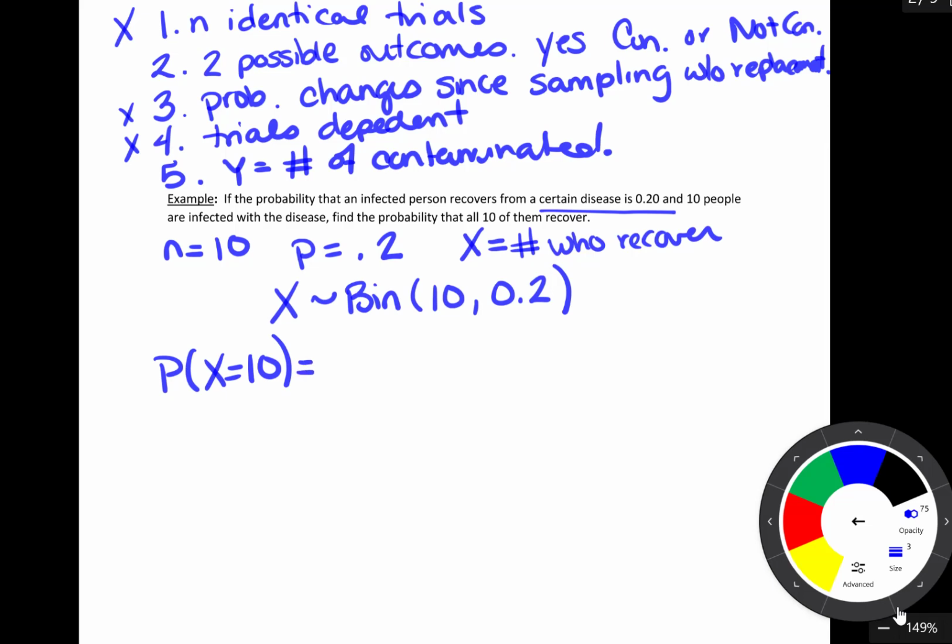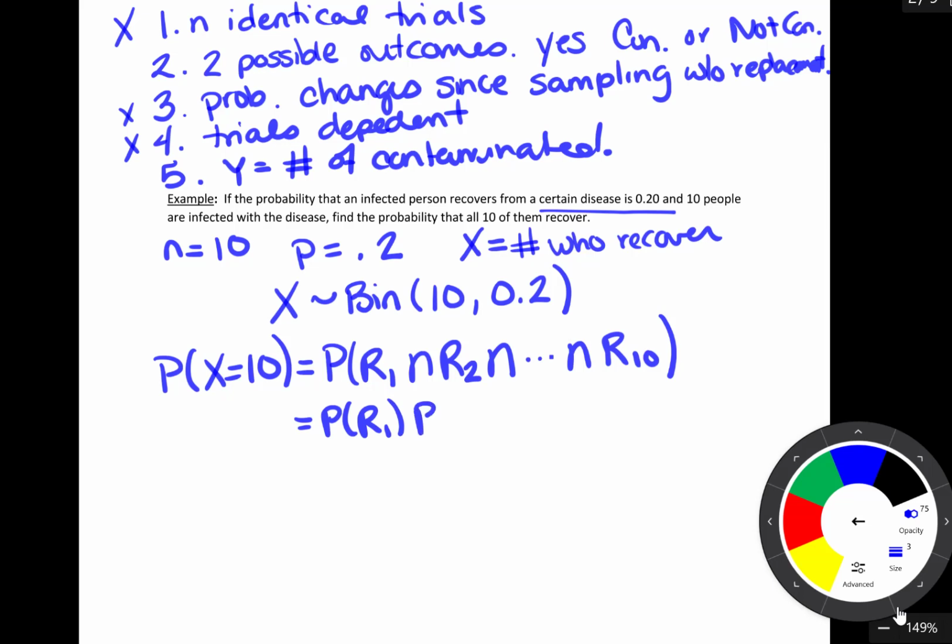Well, notice that this is the same as everybody recovering. So this is the probability the first person recovers, intersected with the probability the second person recovers, intersected all the way with the 10th person recovers. Now, since these trials are independent of one another, notice this is equal to the probability of R1 times the probability of R2 all the way to the probability of R10.